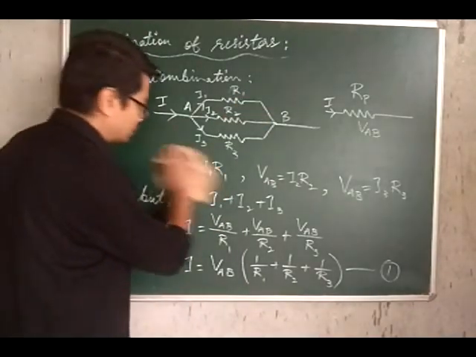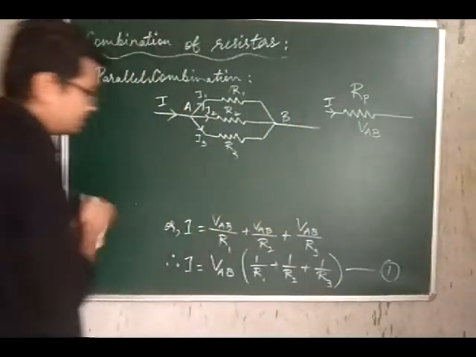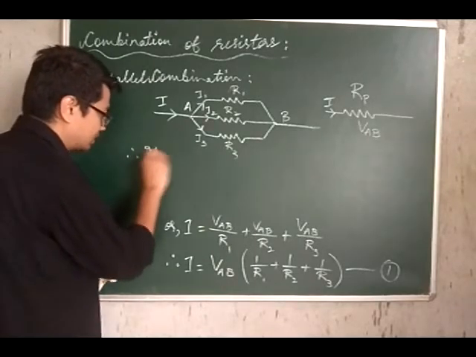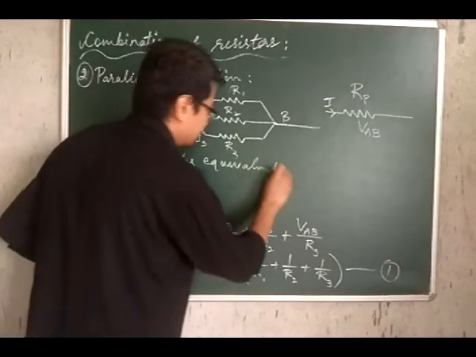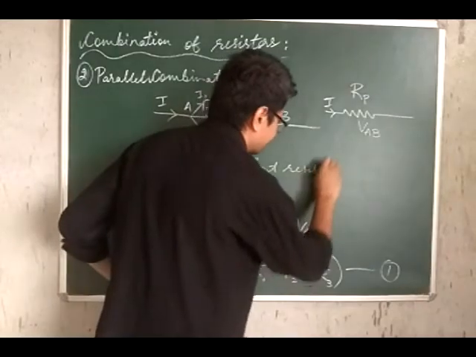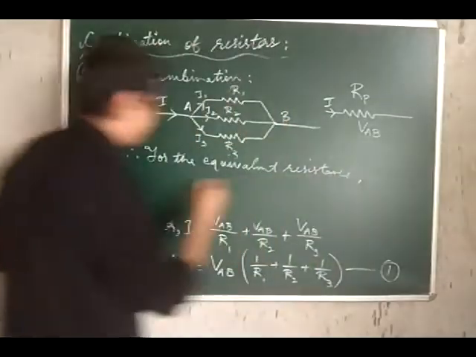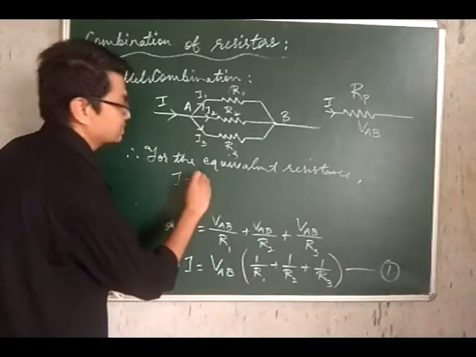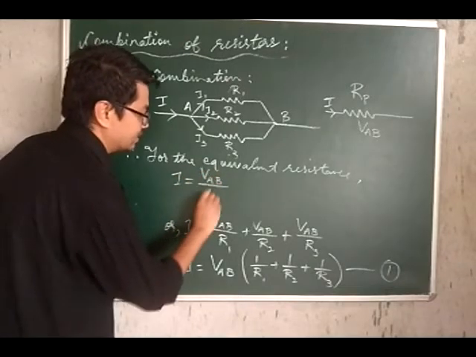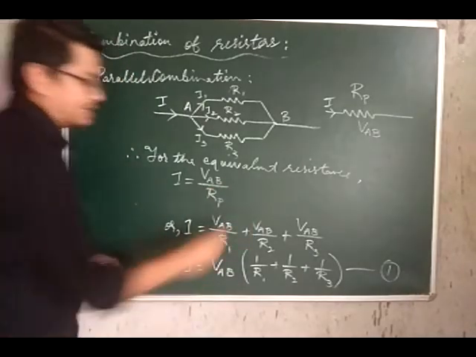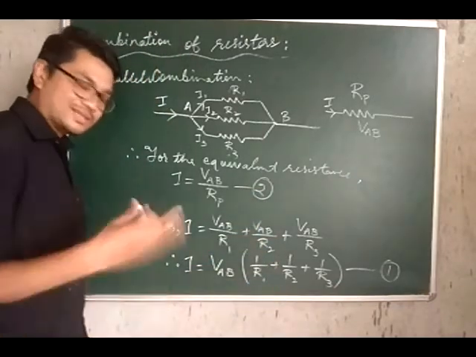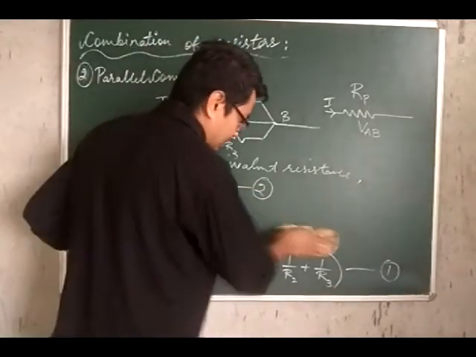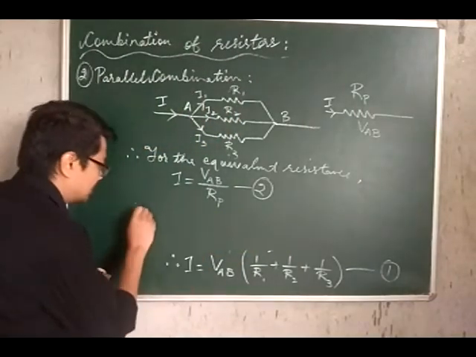So for the equivalent resistance, what we can write is I is equal to VAB divided by RP, and this is equation number 2. We again see that equation 1 and equation 2 have the same left hand side, so we simply equate the two equations.